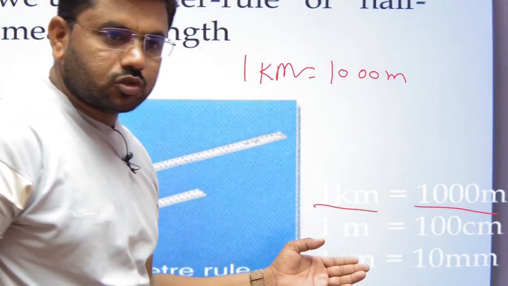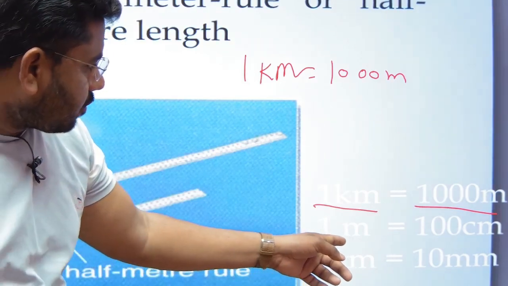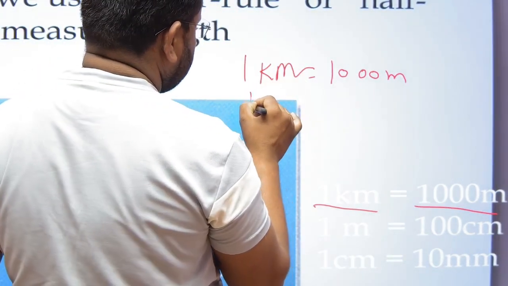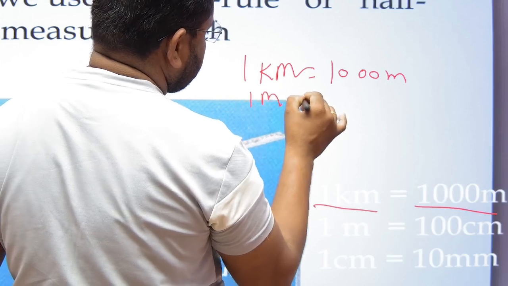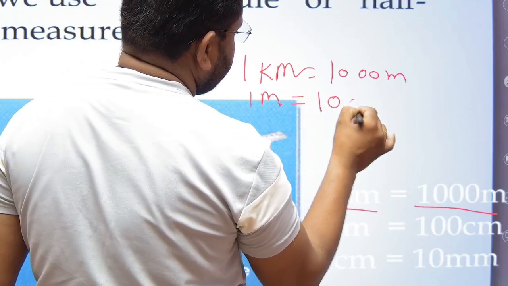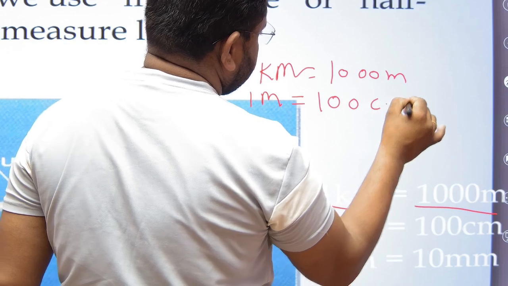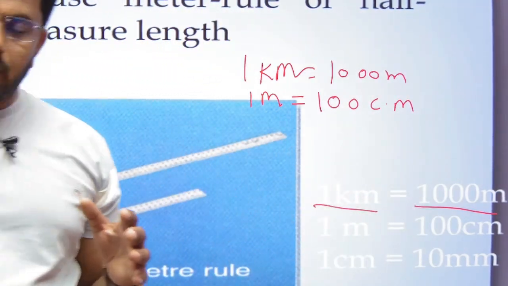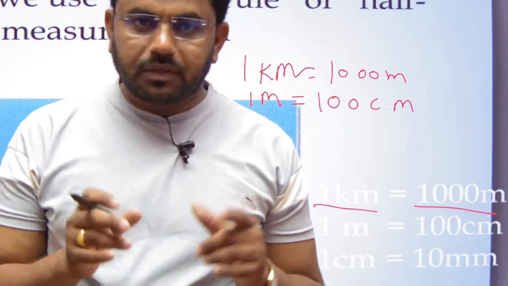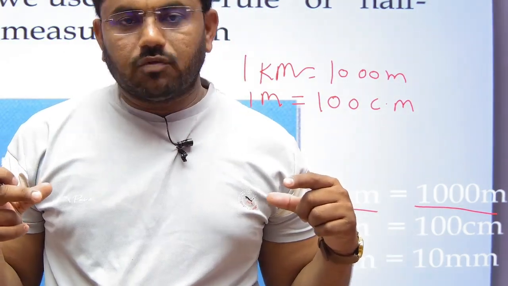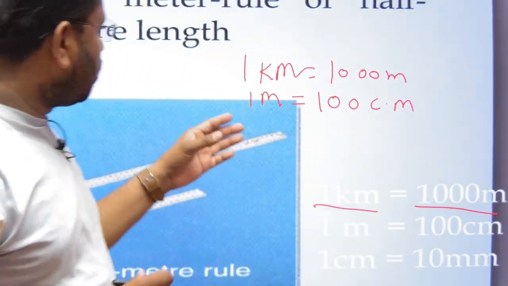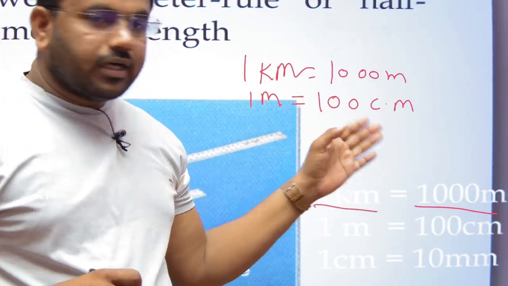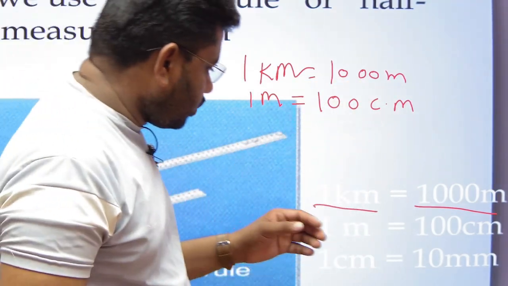I already showed this in the picture. And see here, 1 meter is equal to 100 centimeter. Our school ruler, which we use in the geometry box, the small ruler is 15 centimeter and the long ruler is 30 centimeter. So 1 kilometer is equal to 1000 meter, 1 meter is equal to 100 centimeter. We should know it.